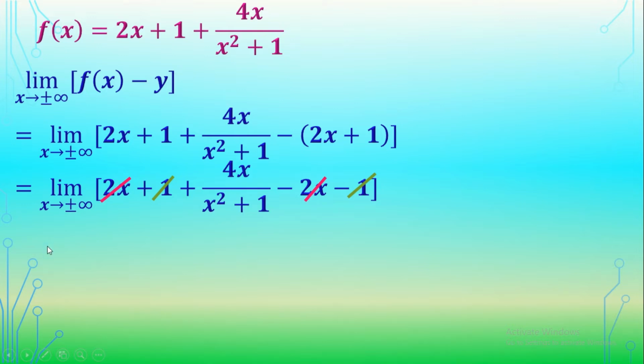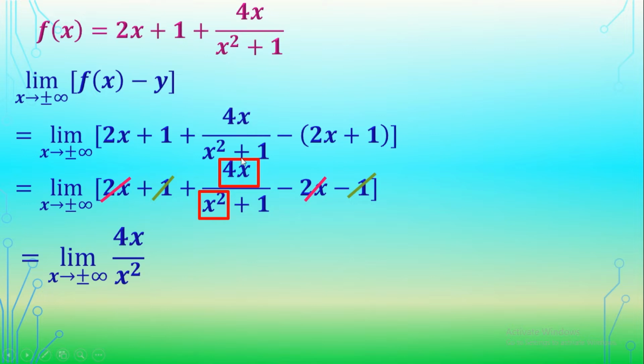So it's equal to the limit as x tends to plus or minus infinity of 4x over x squared plus 1. Note that it's a fraction of polynomials, so we take the highest degrees of x since we are calculating the limits at plus or minus infinity. So we can write it equal to the limit of 4x over x squared. Also we can simplify x and x squared, we get x.